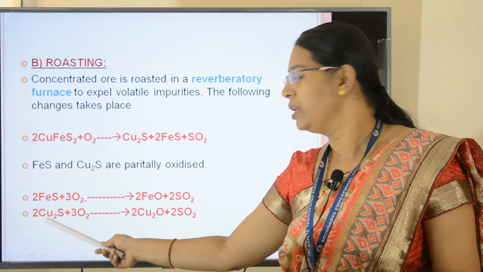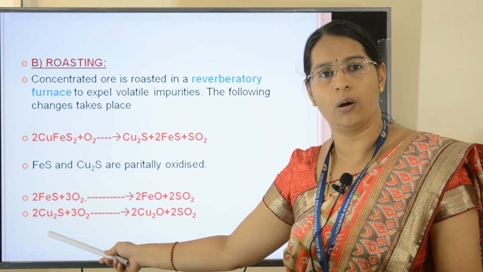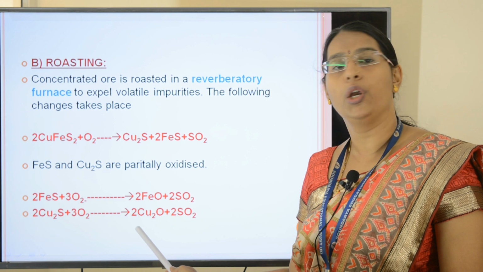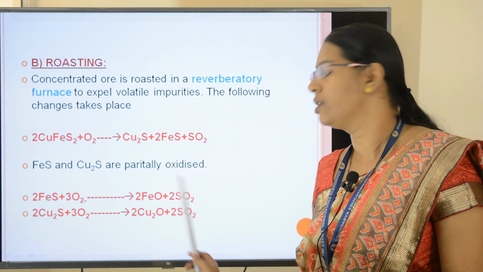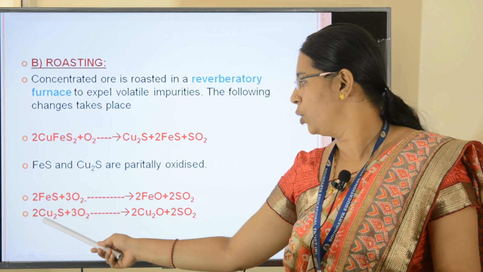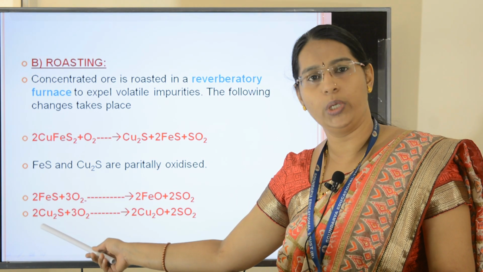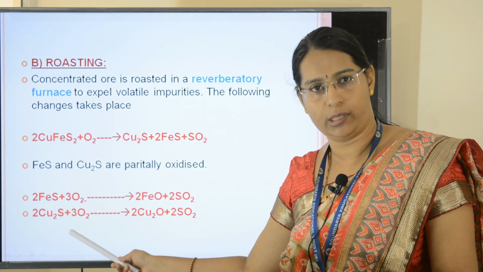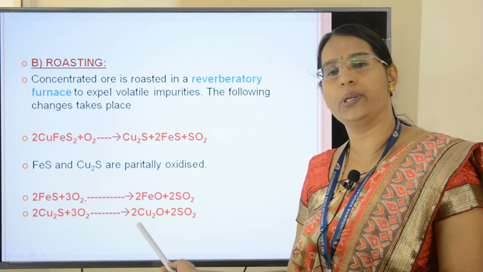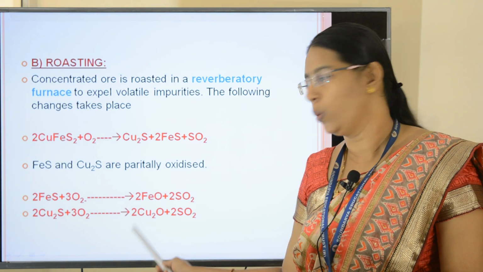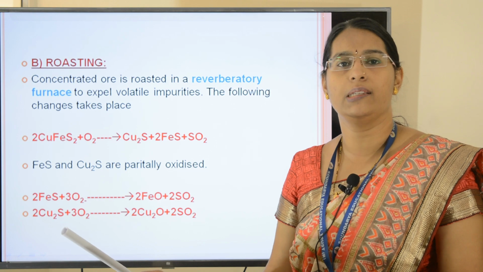Similarly, cuprous sulfide also undergoes partial oxidation and we get cuprous oxide and sulfur dioxide gas. Cuprous sulfide, Cu2S, reacts with oxygen and we get cuprous oxide, Cu2O, and sulfur dioxide gas is released.